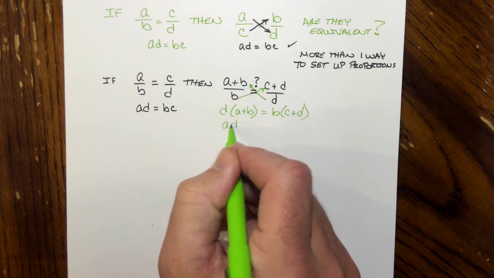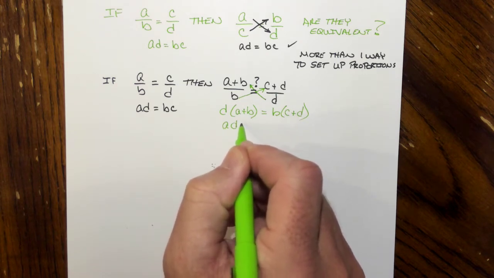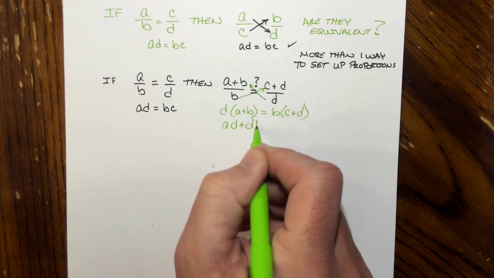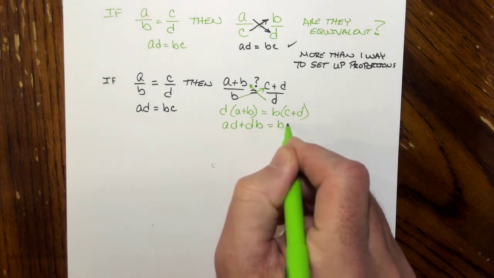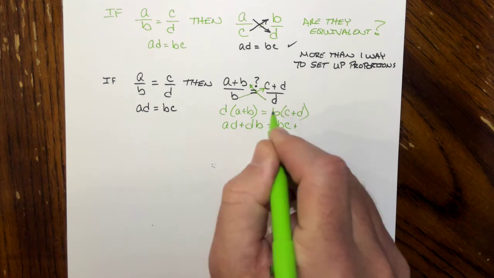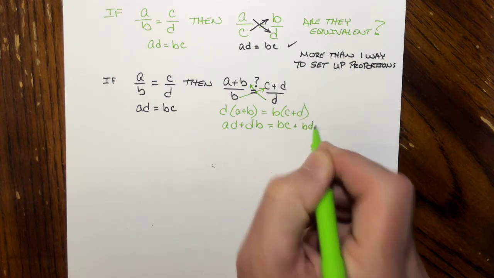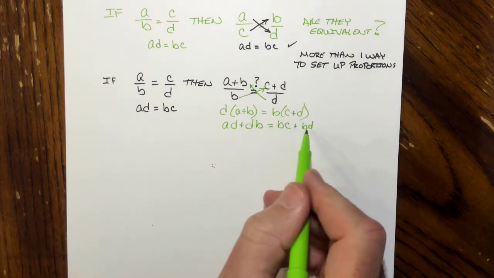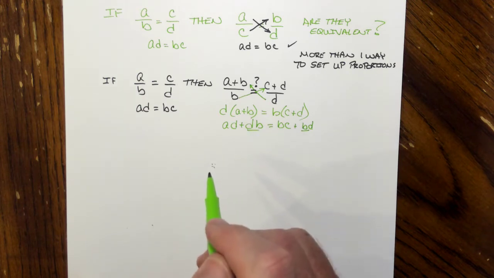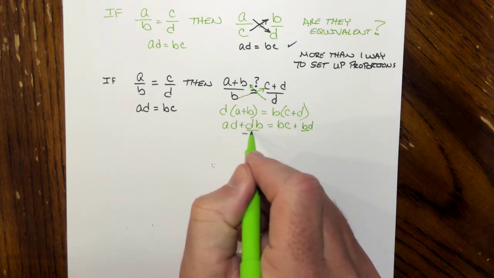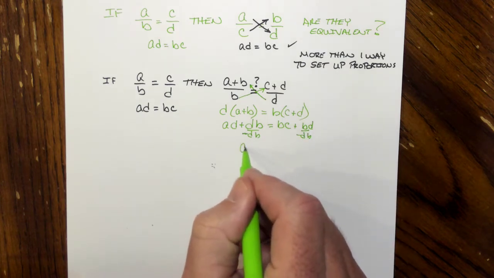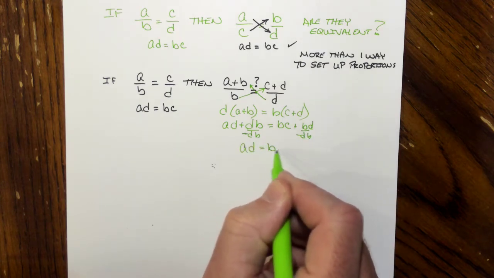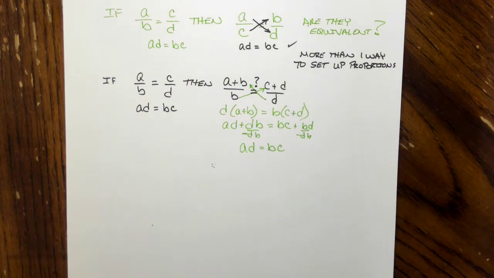So we get AD plus DB equal to BC plus BD. But is BD the same thing as DB? They absolutely are. So in fact, we do get that.